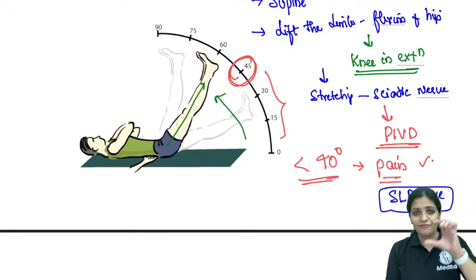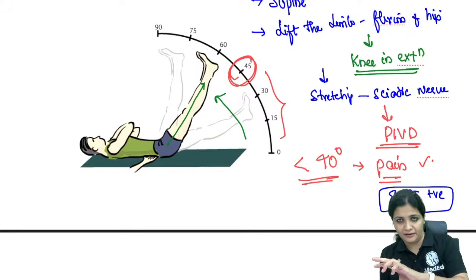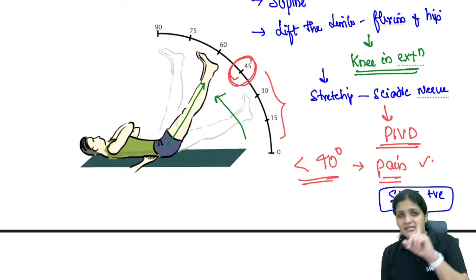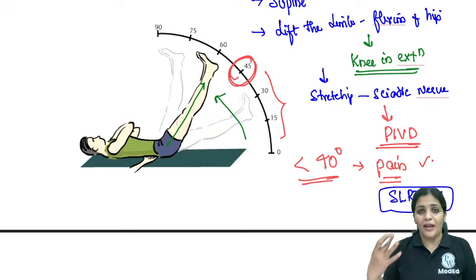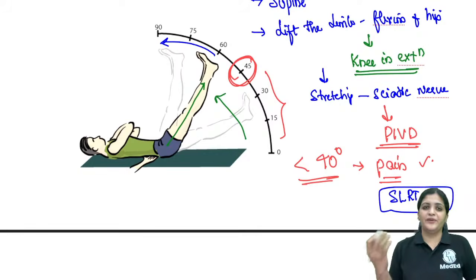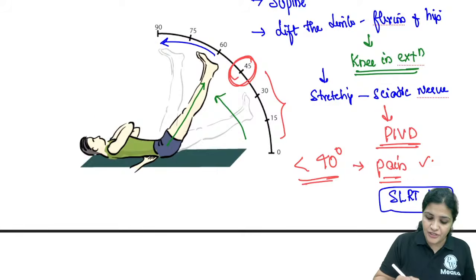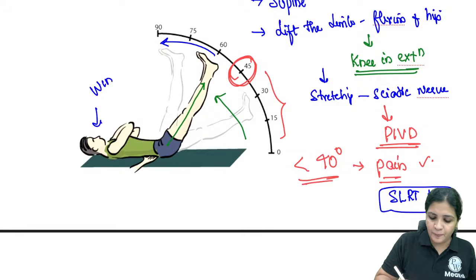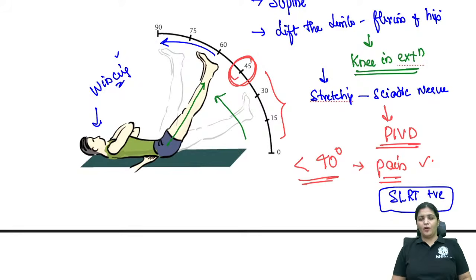While raising, if the patient is having pain of an angle of less than 40 degrees, 40 to 45 degrees, then it is an indication that you're dealing with the prolapse intervertebral disc. Above 45 to 60 degrees, there is no significance. There is no significance of the pain. So what you have to actually look for is wincing. So instead of patient telling pain, he winces with pain. Okay.